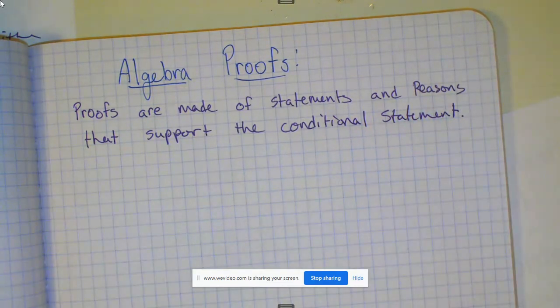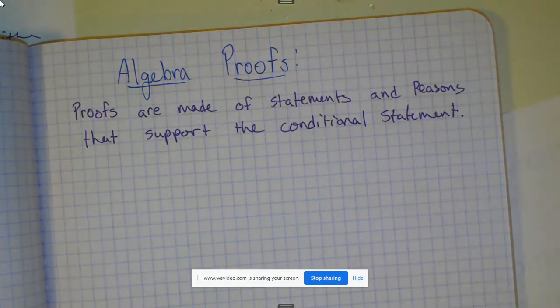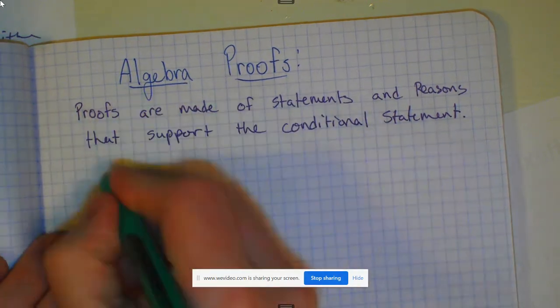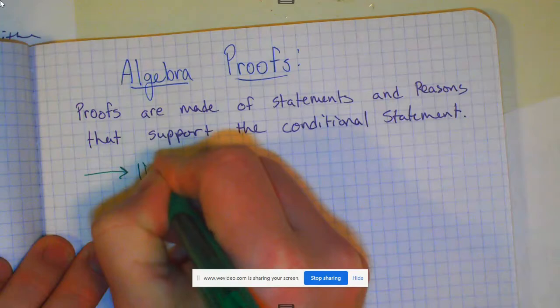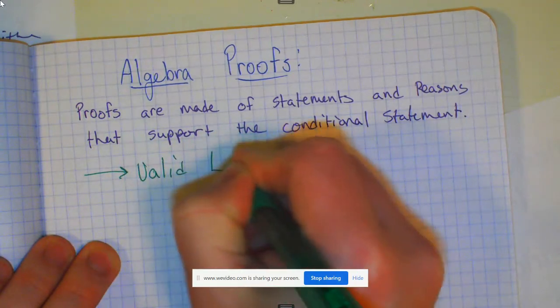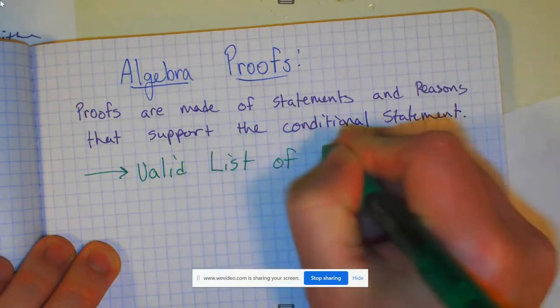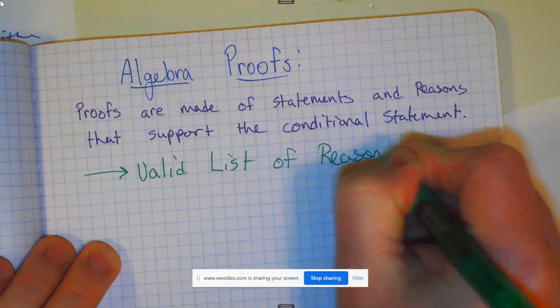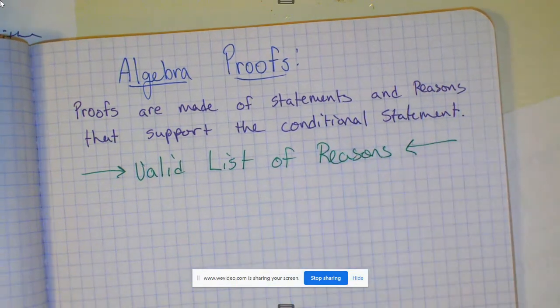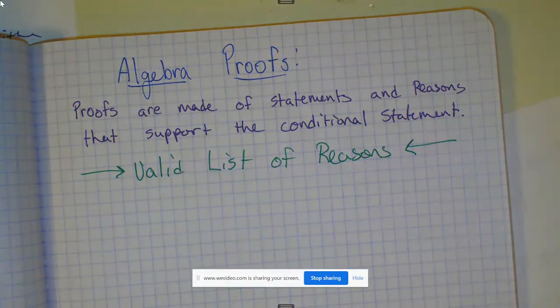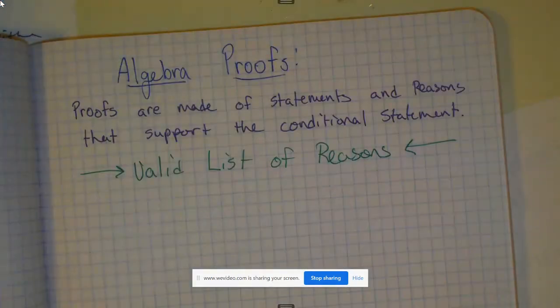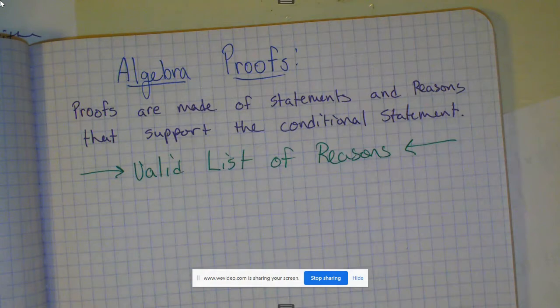In order to do these, you really need to have your valid list of reasons, and that's this list right here. So when we're doing proofs, you can have this. I strongly suggest that you just get to know what's on there.